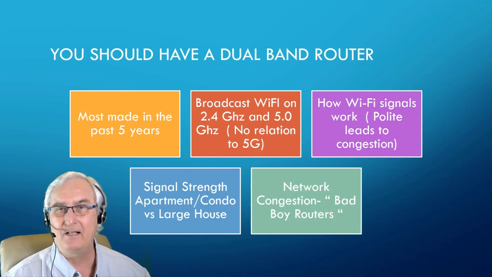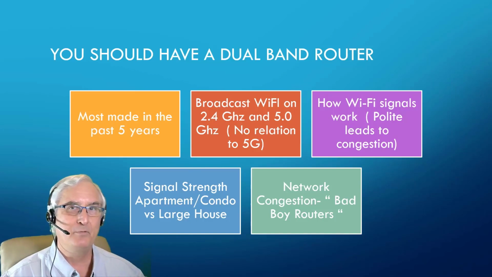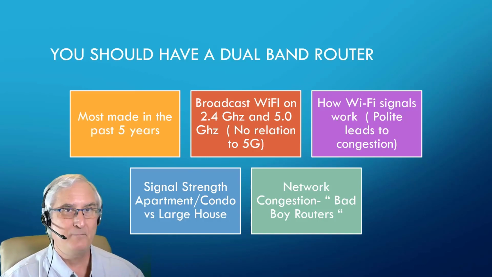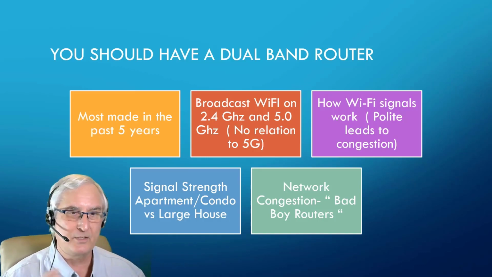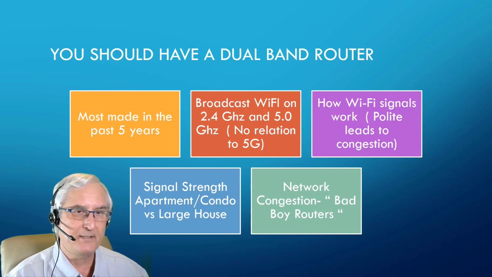"Oh, you go." "No, I'll go." "Okay, I'll go." So signals are very polite, but this leads to congestion, because the more collisions you have between different routers, the slower your systems will get.